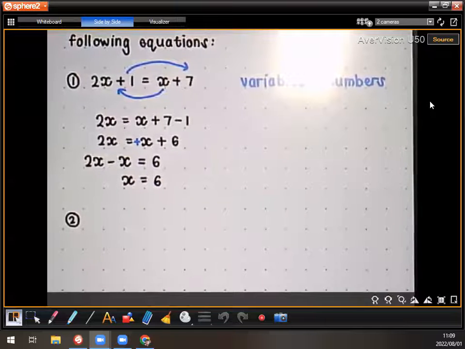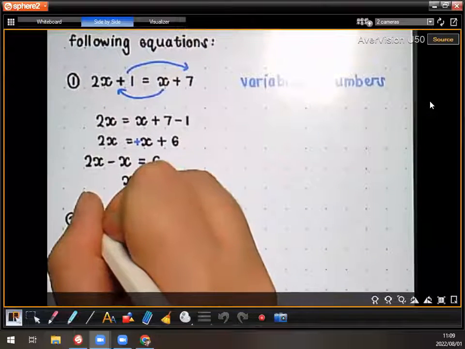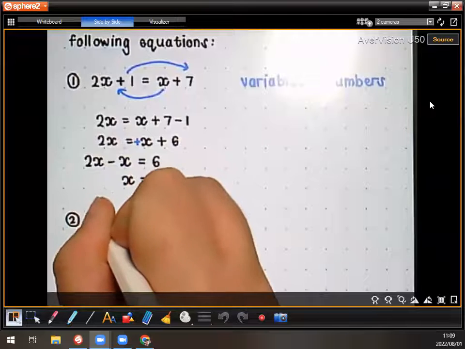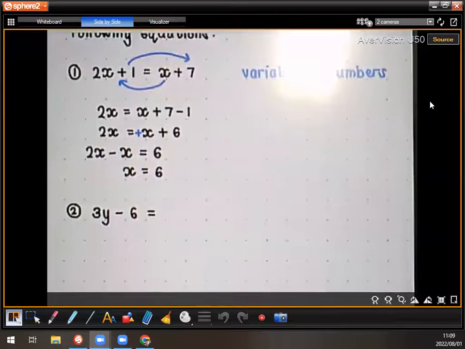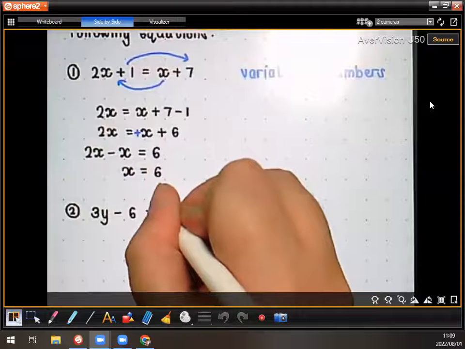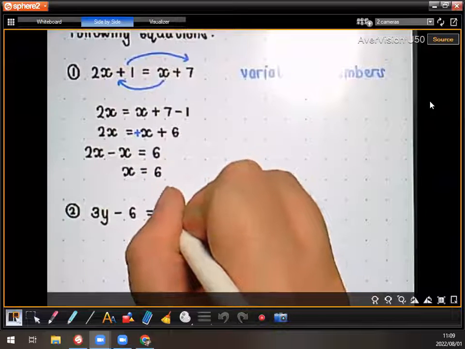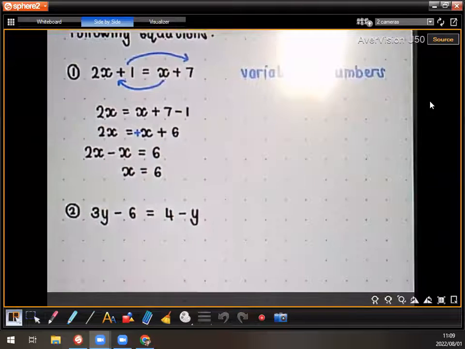All right, number 2. Let's do 3y minus 6 equal to 4 minus y.